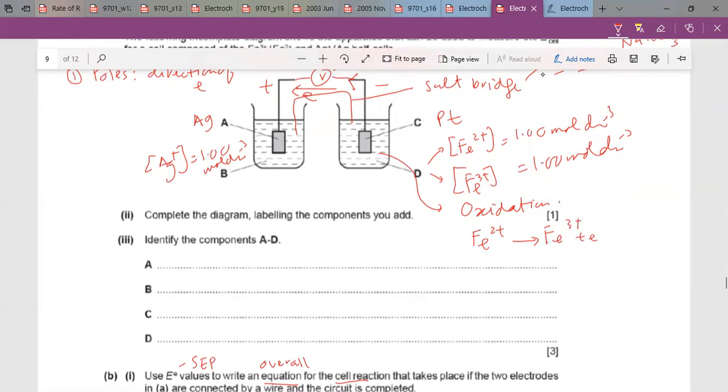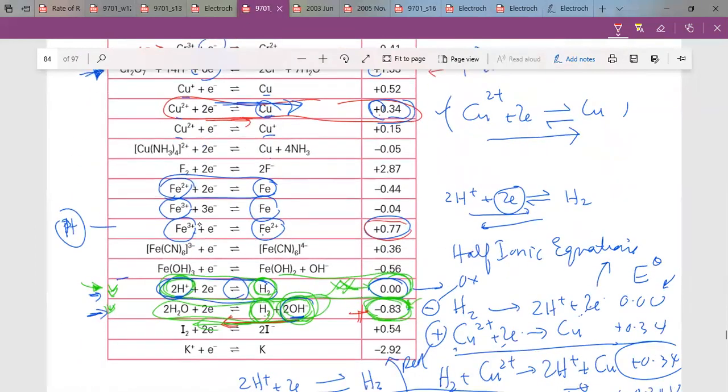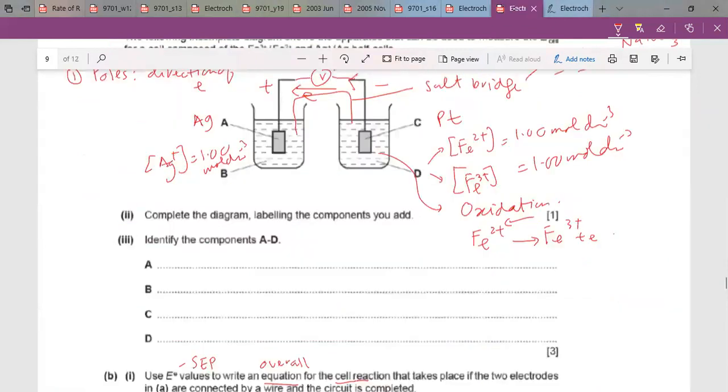In this case, if you go the reverse way, the original is positive 0.77, so you go the other way, which means you change your sign, so it will be minus 0.77.